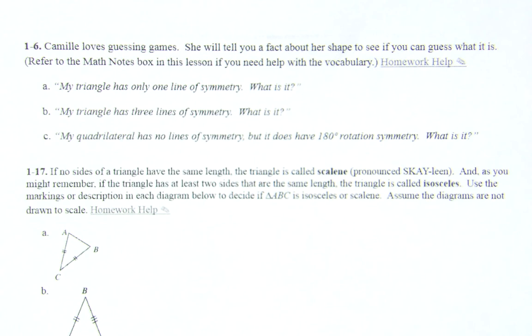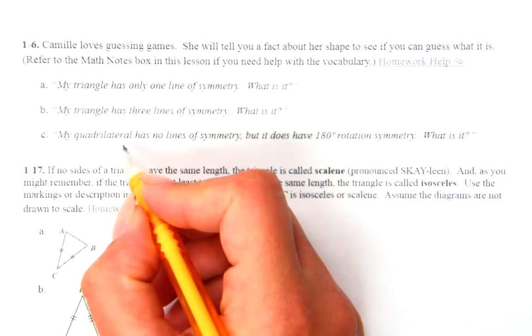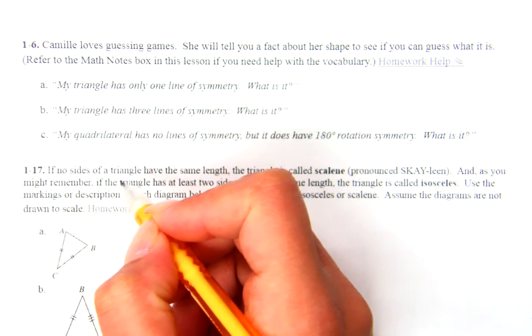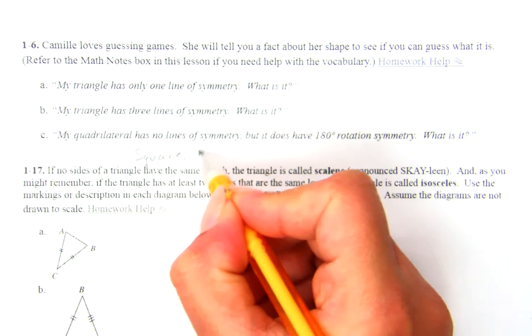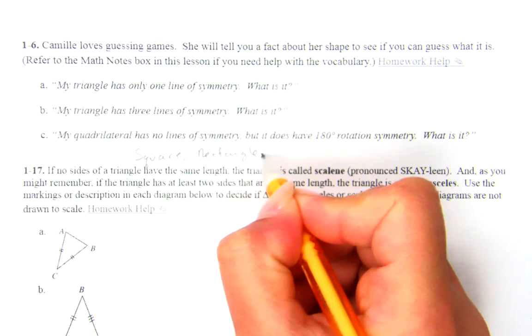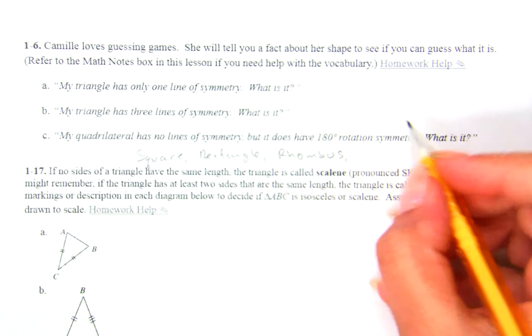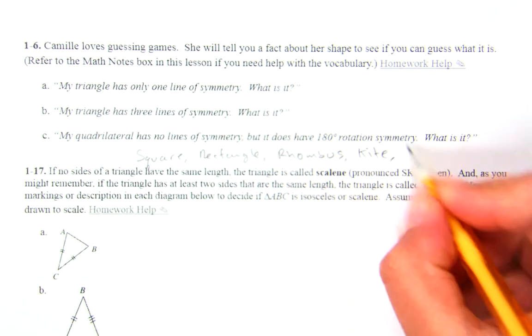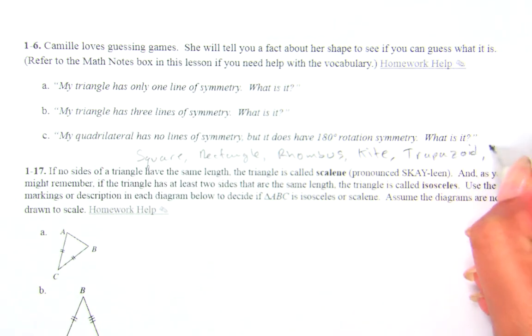Your choices are, I'll write them out for you in case you don't have your paper with you. You either have a basic quadrilateral, so just any shape that has 4 sides to it. You can have a square, a rectangle, a rhombus, a kite, a trapezoid, or an isosceles trapezoid.